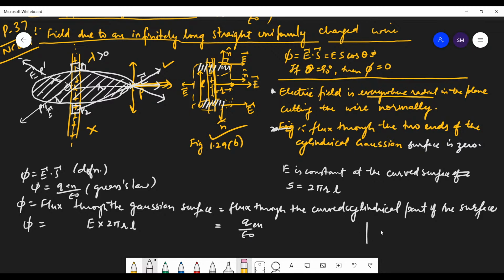Now students, here we know that lambda, the linear charge density, equals the charge divided by the length of the wire, lambda equals Q by L. So Q equals lambda times L, and here we can write Q as lambda L.